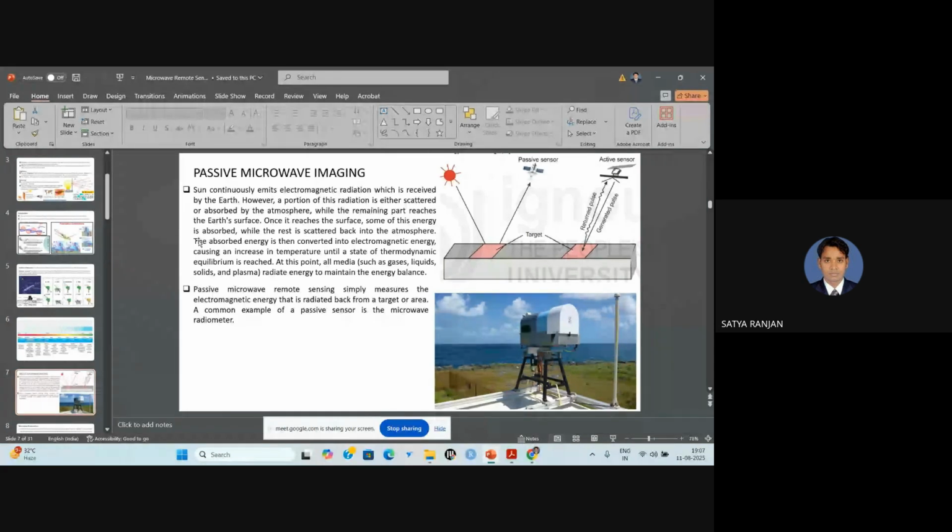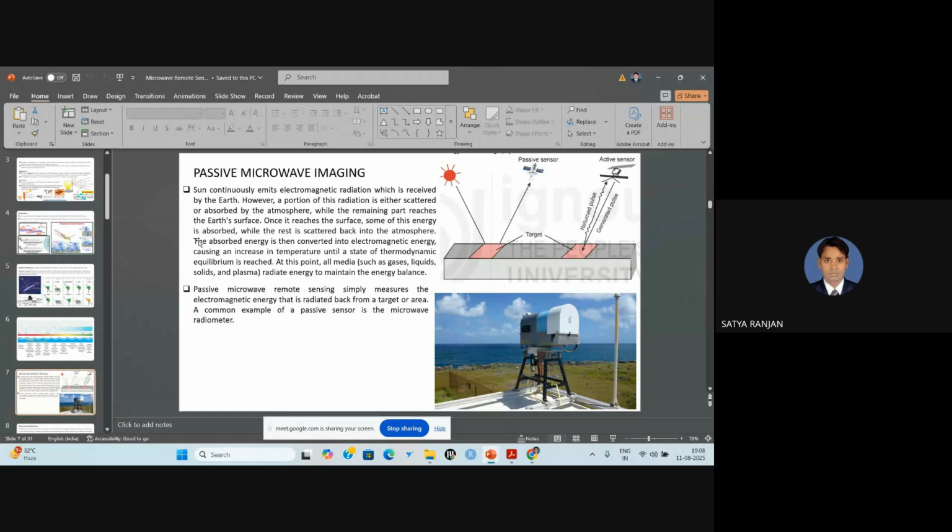So this is called passive remote sensing. It has no source of EMR of its own. It is based on sunlight and the emissive power of the Earth's surface. That's why it is called passive microwave remote sensing.